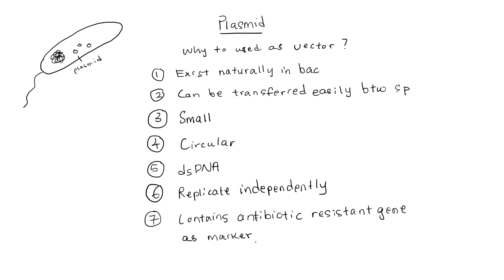As a marker for a researcher during the genetic engineering, if they want to find out whether the bacteria has successfully taken in the plasmid, they can use this antibiotic resistance to differentiate which bacteria have taken up the plasmid and which one does not.